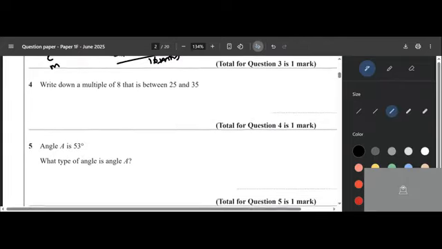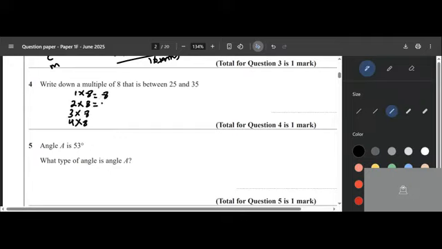Then moving on to question 4. Write down a multiple of 8 that is between 25 and 35. So we are going to list the numbers, because 1 times 8, 2 times 8 in that order, 3 times 8.